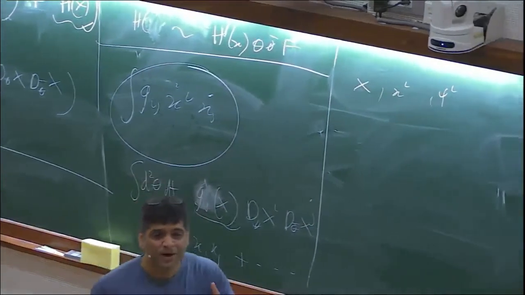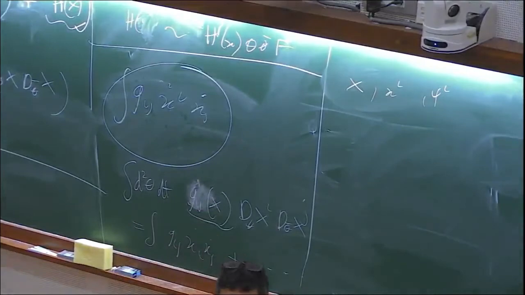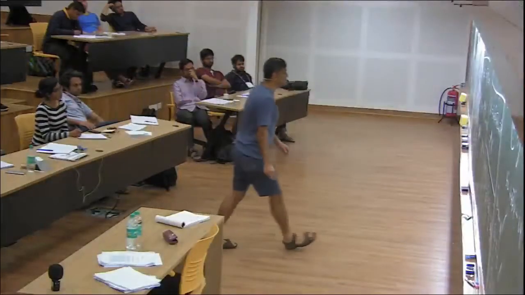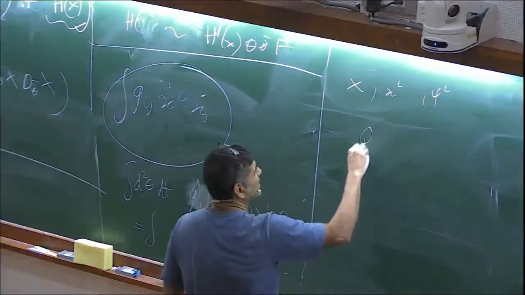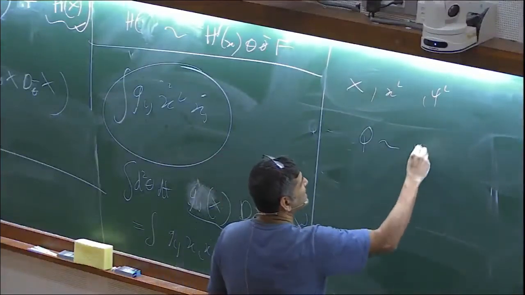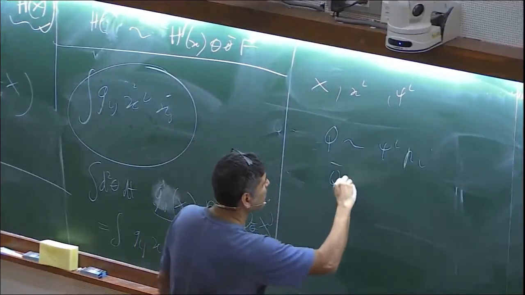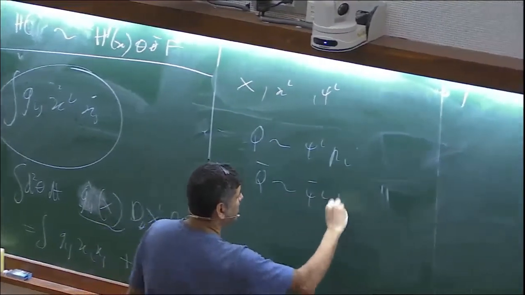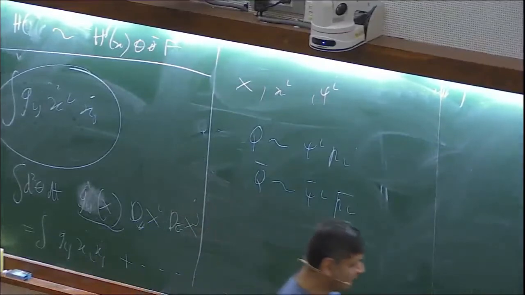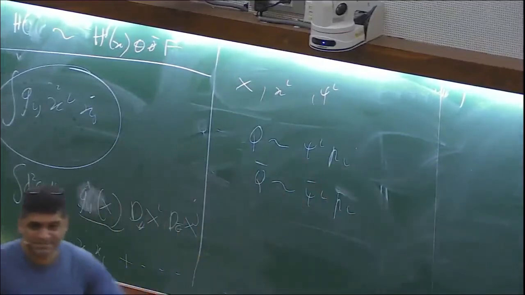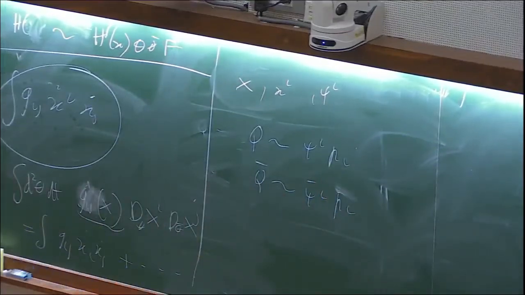And you can ask what the supersymmetry operator is in this theory. It's not too difficult to convince yourself that Q goes like psi^i pi_i, and Q bar goes like psi^i bar pi_i. I'm not going to work out all the details of this, just going to give you a flavor and move on.